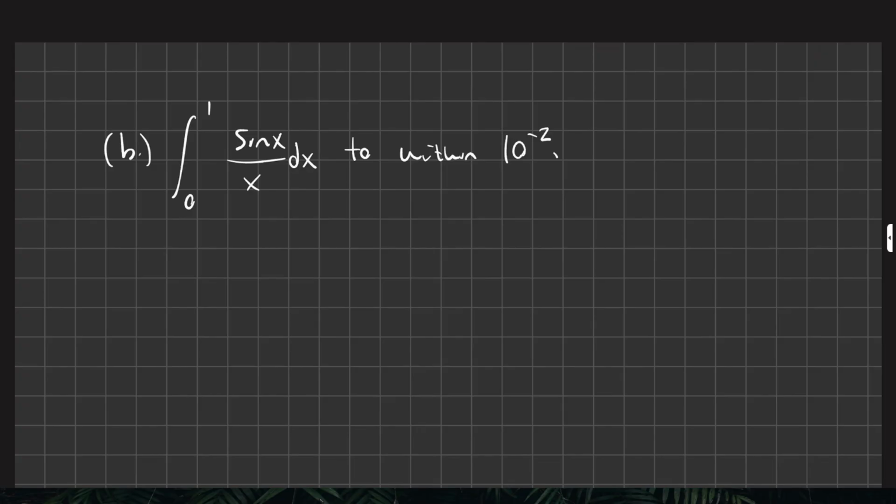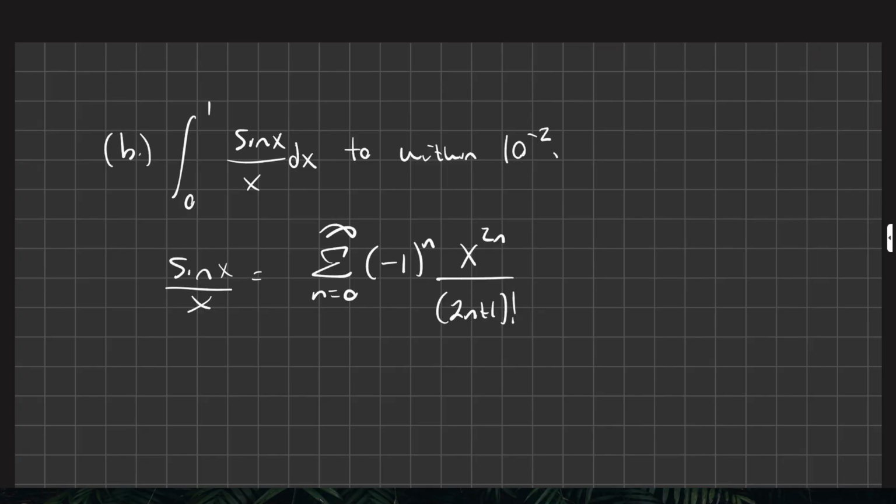What we end up getting is that sine x over x is the power series n equals 0 to infinity of negative 1 to the n x to the 2n over 2n plus 1 factorial.